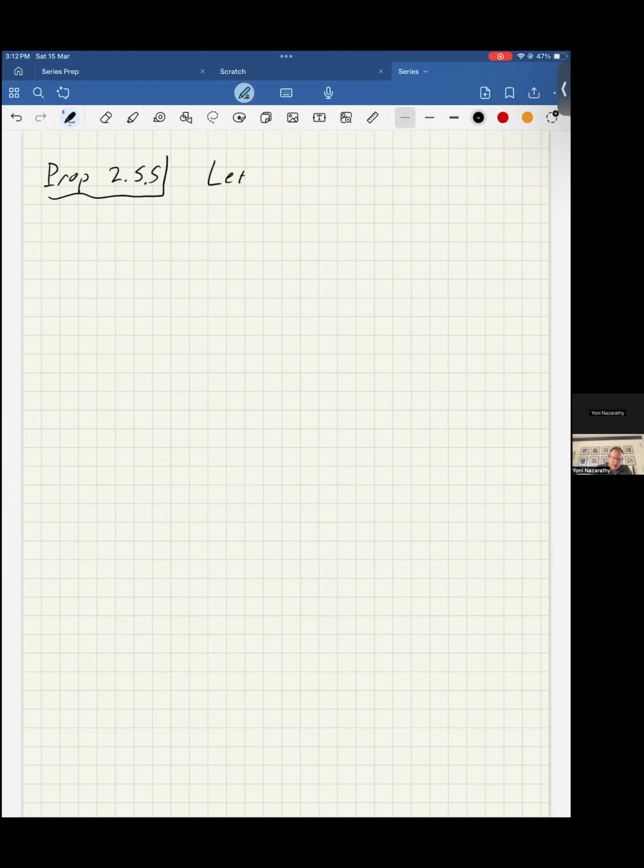So here's Proposition 2.55 in the book. Let r be an element in (-1, 1), then the geometric series, and there are a few versions of this one, I like this one, sum n going from 0 to infinity of r^n converges.